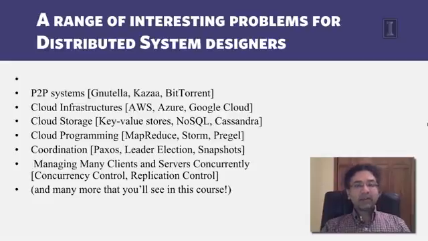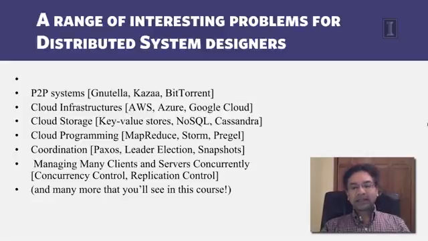So given this definition, there are many interesting problems for distributed systems, people like us, you and me. Peer-to-peer systems, which we'll study many of, cloud infrastructures, which we'll see some of, cloud storage systems, software systems, key value stores in NoSQL, we'll see some of those, Cassandra and HBase as well. Cloud programming, including MapReduce, Storm and Pregel, some of which you'll see soon.